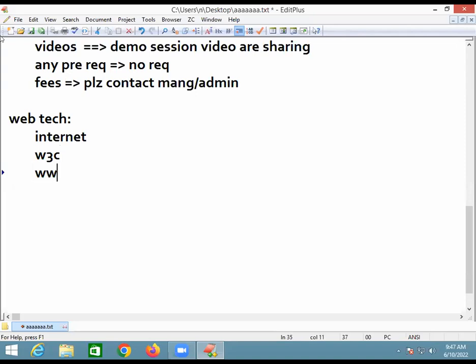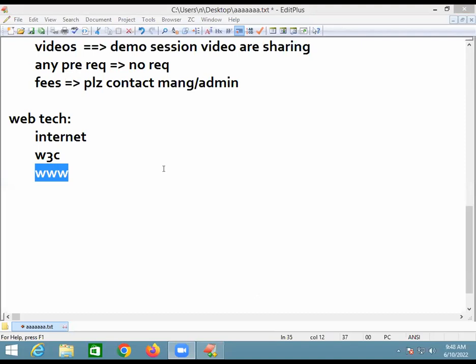Next one, www. This word is very famous, right? You know this word very well. The word you know, but what its meaning is and what it is doing, I think we don't know. That is my explanation, sir. Maximum students answer that www means World Wide Web. World Wide Web is the full form, not the meaning.